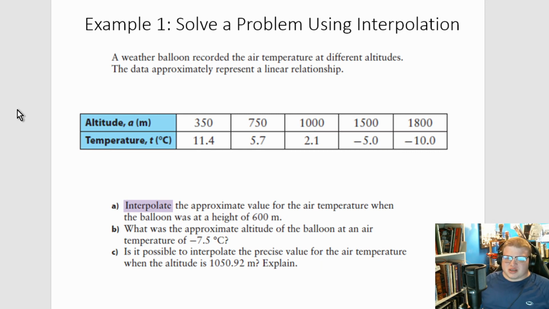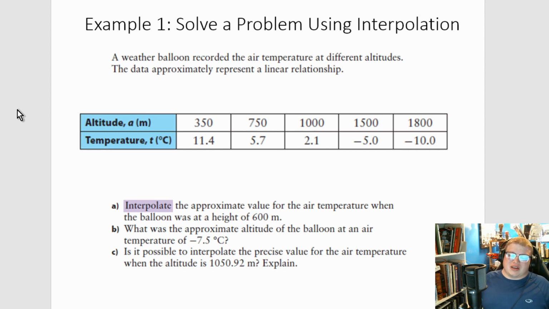Now, the first example here, solve a problem using interpolation. We're going to see a graph of this on the next slide, but I want to look at the table of values first here. So we're talking about a weather balloon that's recording air temperature at different altitudes or heights in the sky. The data is approximately linear, which means that it's mostly consistent, but because it's real data, there's other margins of error that might make it not a perfect linear relationship or not a perfect line.